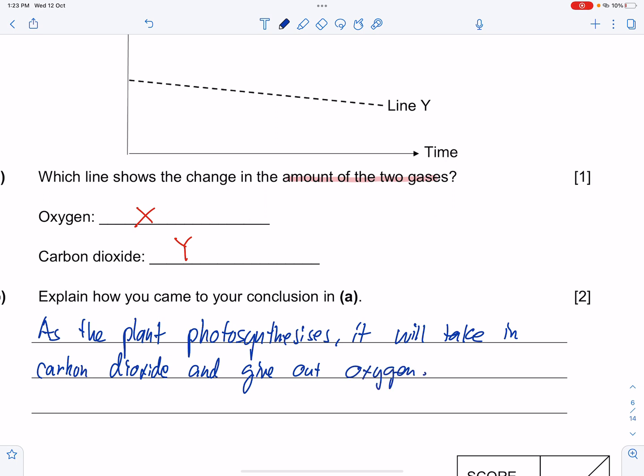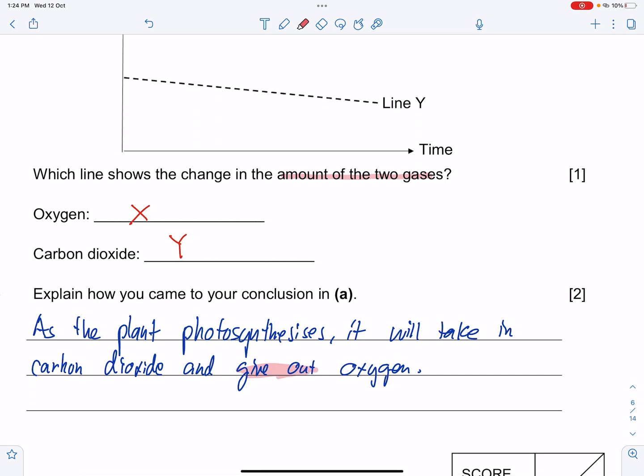Alright, so my main problem is that a lot of you don't bother to put this word give out. You just go produce oxygen. But that doesn't mean you give out to the surroundings, right? Okay.